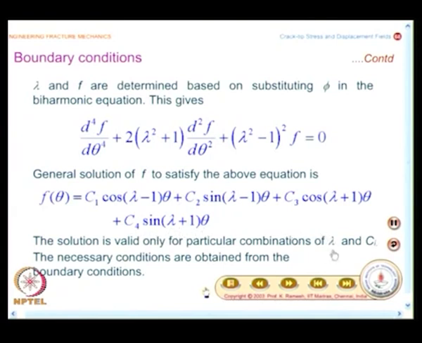So, for every value of lambda, you will have corresponding coefficients Ci, and these coefficients have to be determined from the boundary conditions, and the most general solution will be the sum of all the individual solutions.